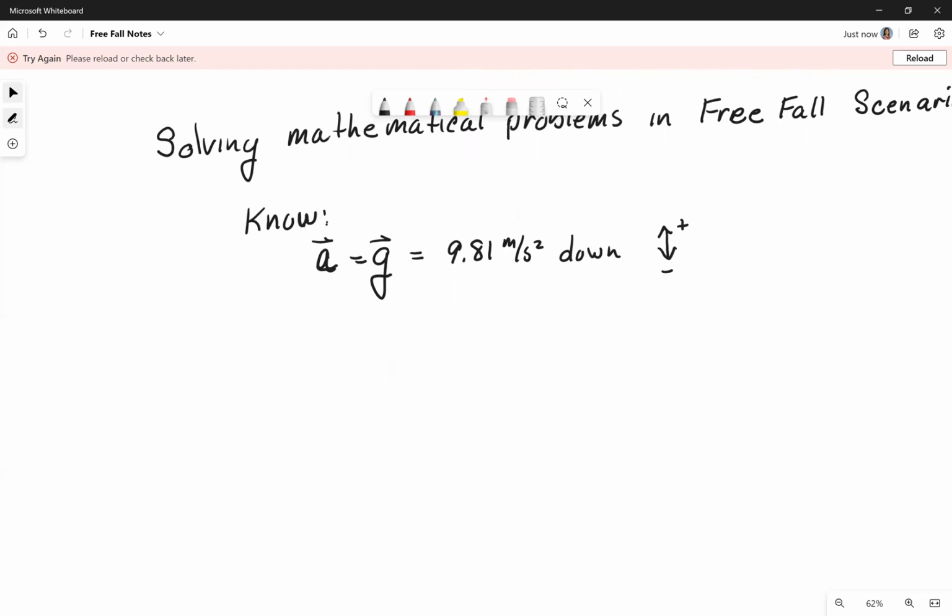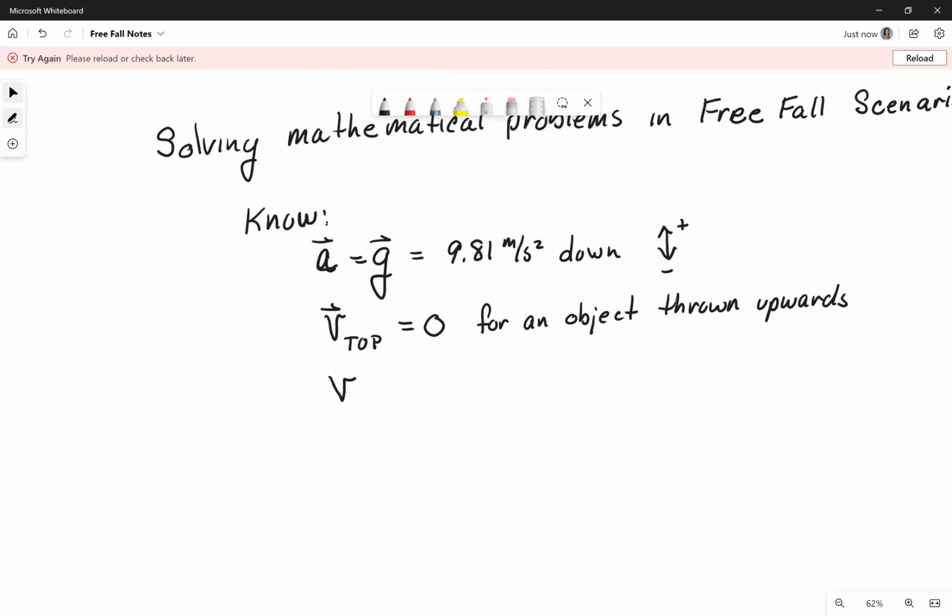You always know that the velocity at the top equals 0 for an object thrown upwards.